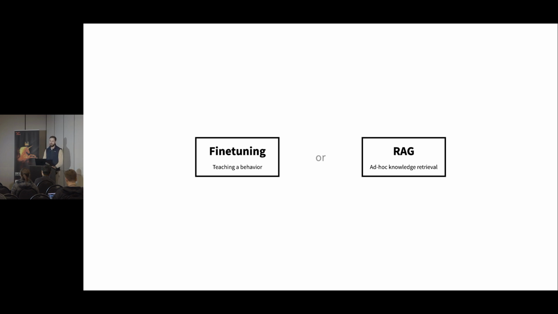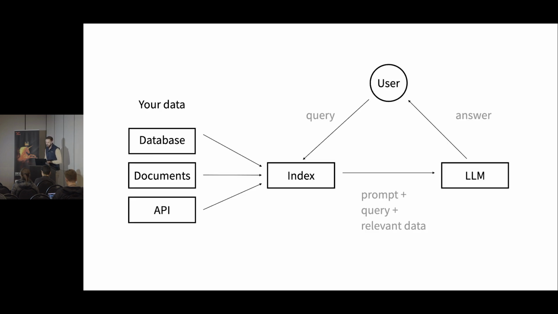Now, what does a RAG system look like? Typically, it looks something like this. You have your own data, it could be company internal data, from all kinds of sources. Could be from a database, could be various unstructured documents, could be APIs. You want to gather all of them in a central index.